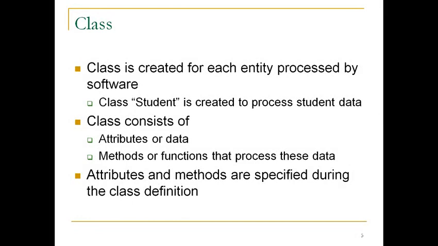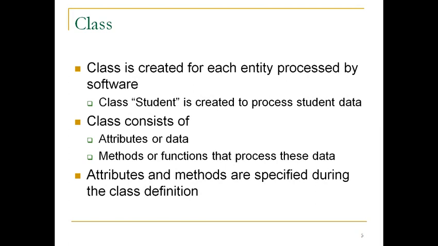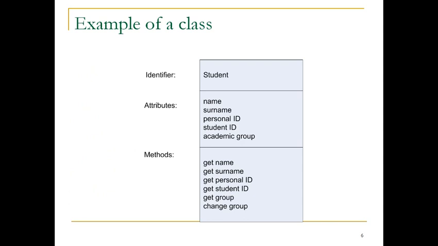We define the class, how the student data will be, and then use this data. Actually, a class should be considered as somewhat like a template, where we'll put information about certain students.